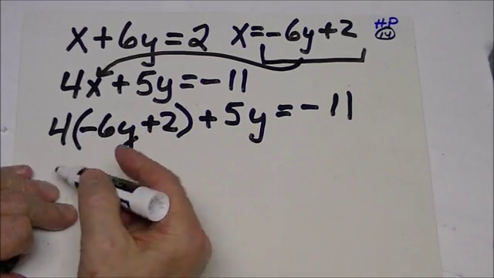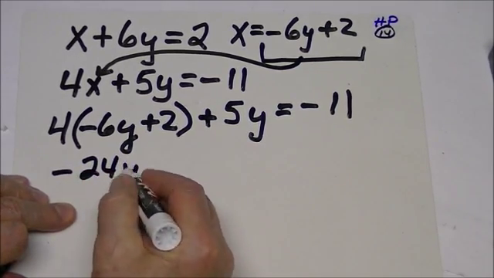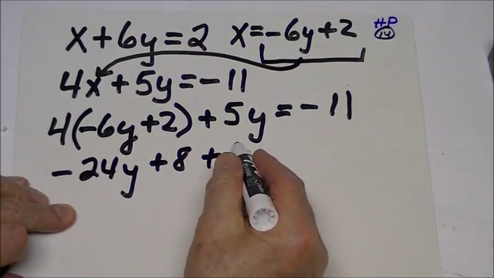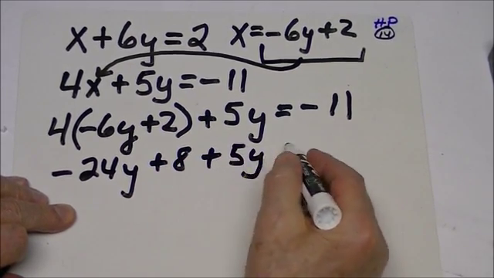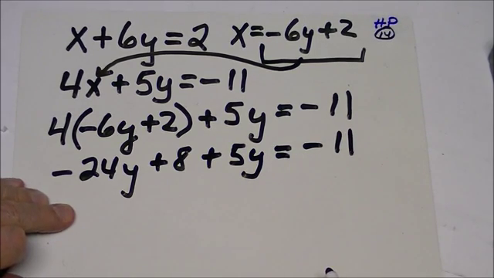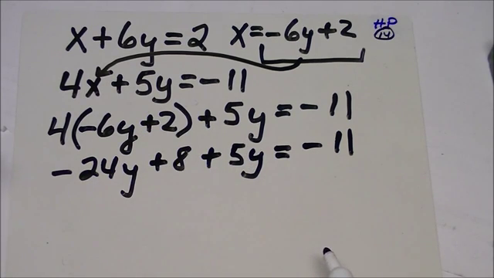So we clear parentheses: a negative 24y plus 8 plus 5y equals a negative 11. And again, go back frequently and check your work. Check your signs. Be sure you're not making a little error somewhere.